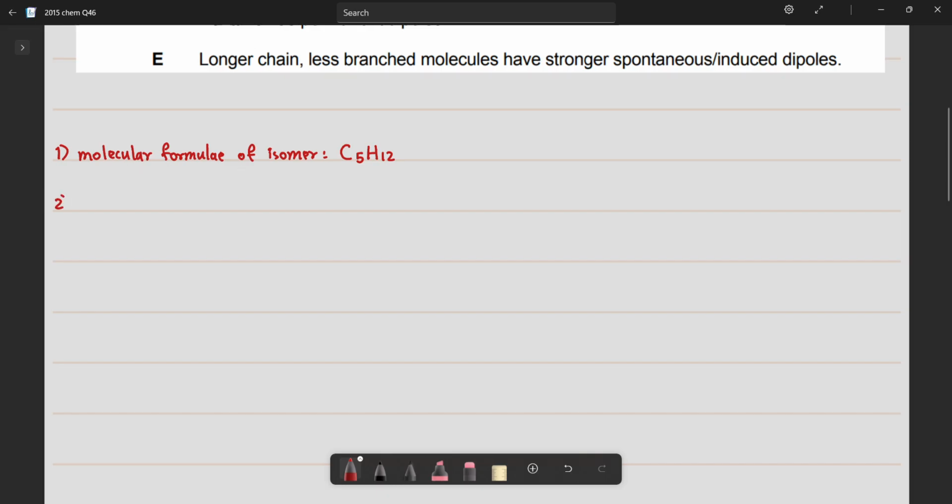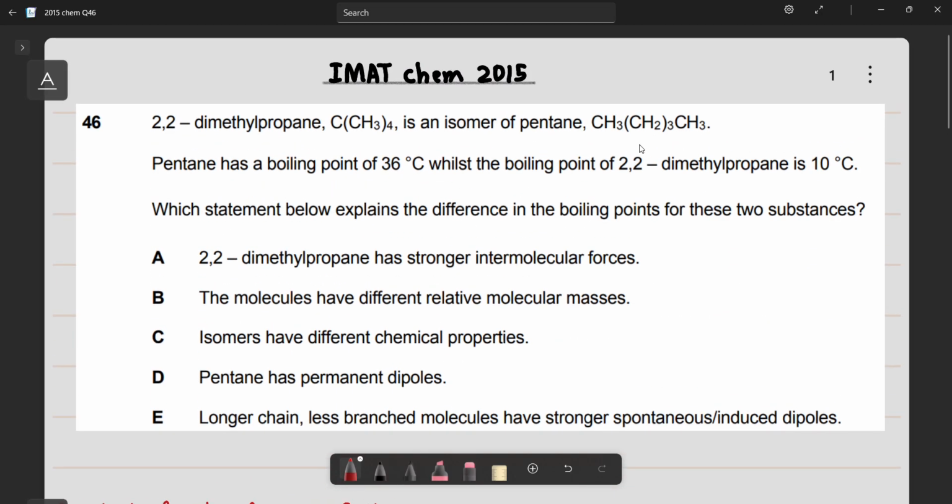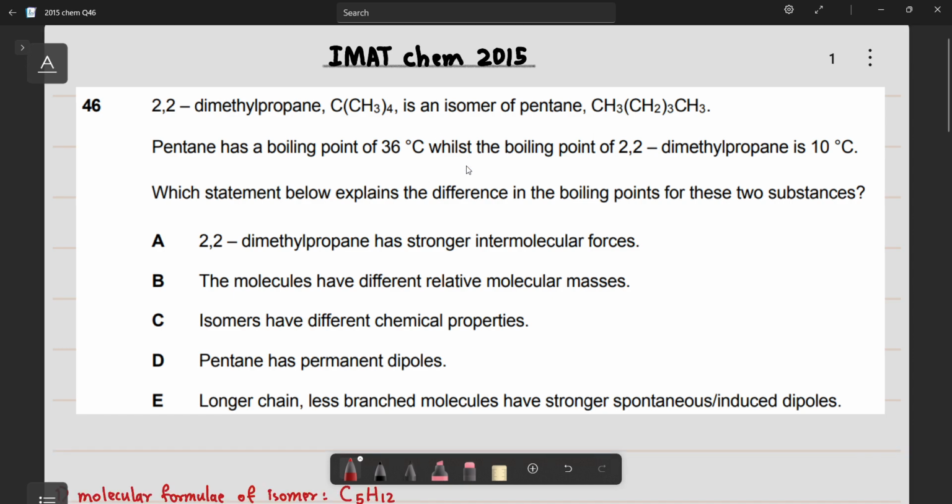Now we can go to step 2, which is the displayed diagram of isomers. So I'm going to draw the displayed diagram of these two different isomers so that we can clearly picture the difference in structural arrangement of these two compounds while they share the same molecular formula.